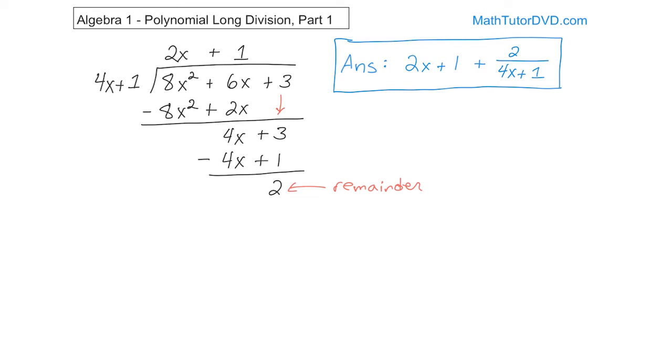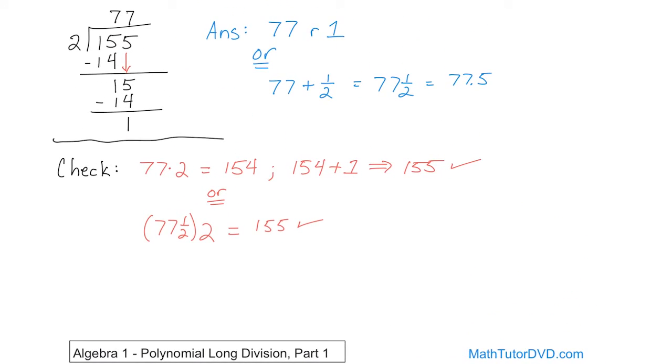And I know it looks complicated and cumbersome, but you need to realize that this part of the answer is really the whole part. This is how many whole times the thing divides into there. And then this thing is really the decimal or the fractional part, because it is a fraction. And it is exactly no different than the answer that we got up here.